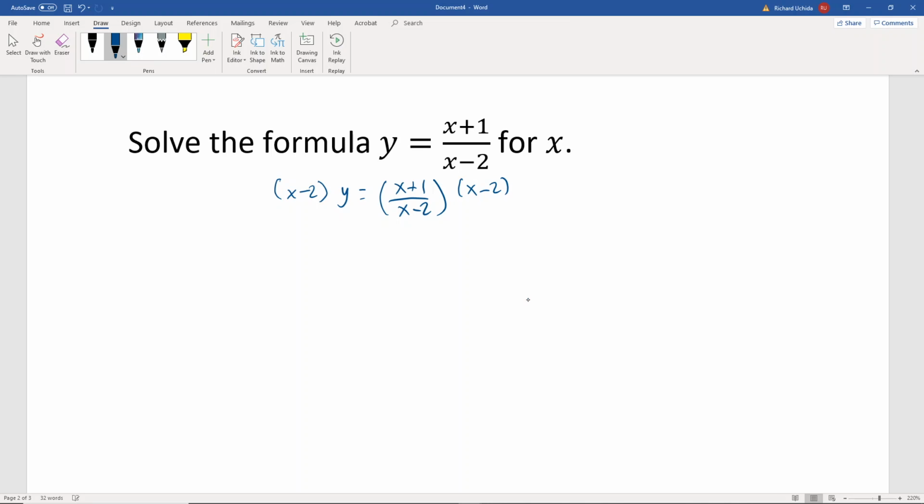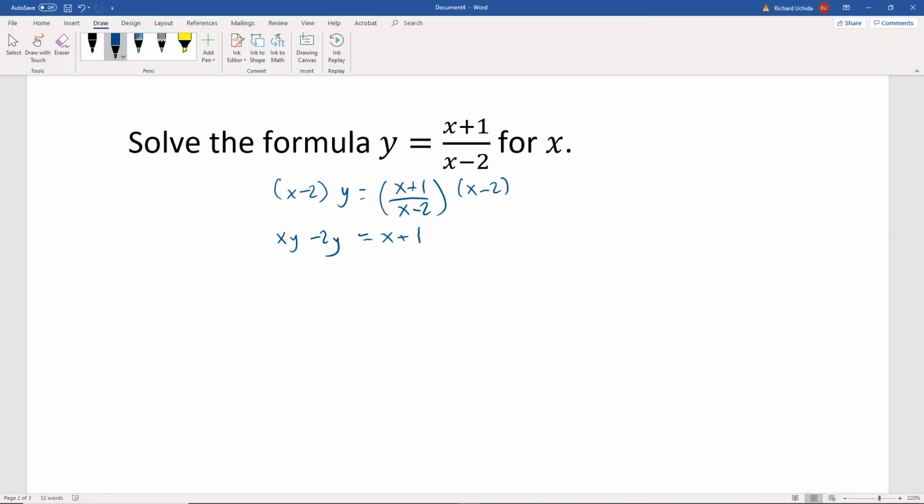So on the right-hand side, the x minus 2's would cancel, so you would just have x plus 1. On the left-hand side, you'd have x minus 2 times y. I'm also going to distribute that y because we're going to solve for x, so we've got to get all the x's out. We don't want them inside the parentheses. So we distribute the y, so we get xy minus 2y.